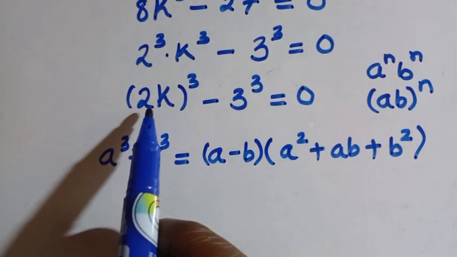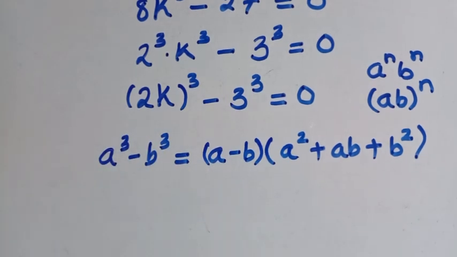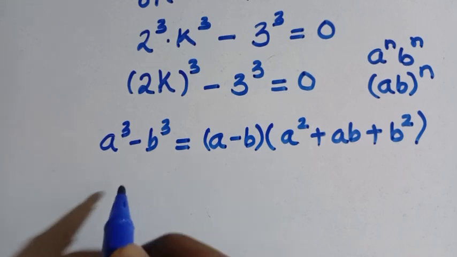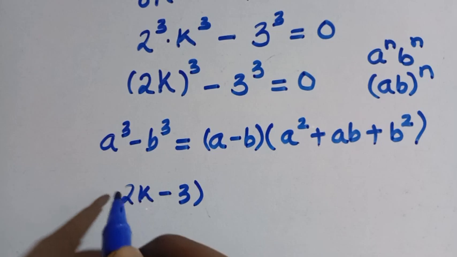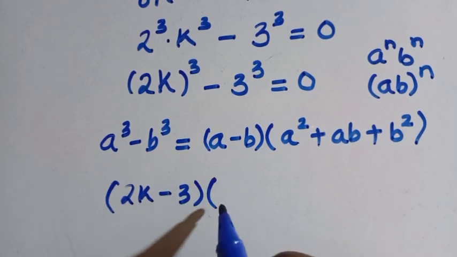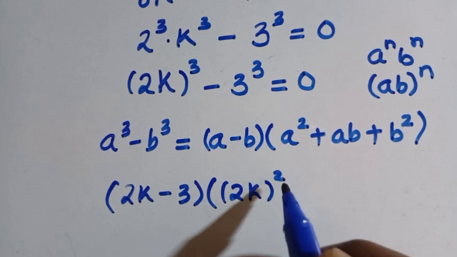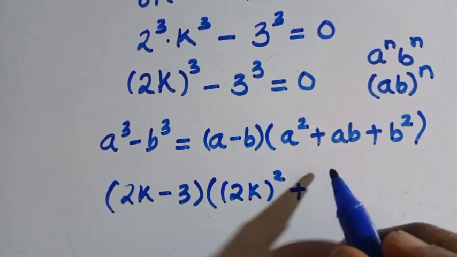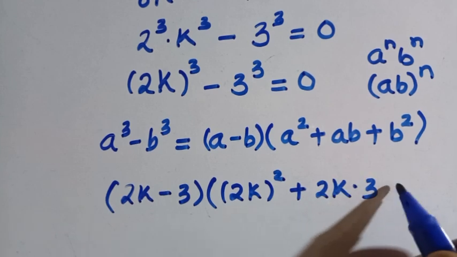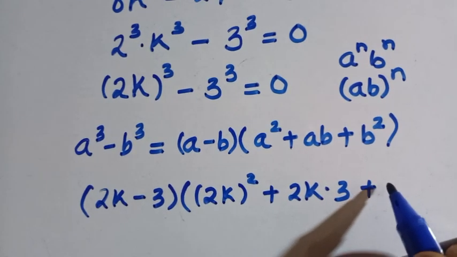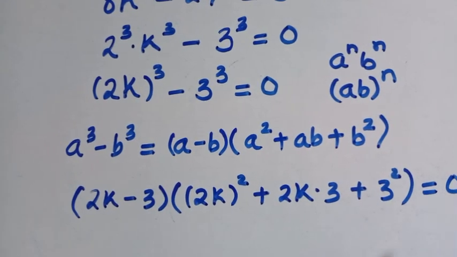If we let a be 2k and b be 3, we replace it in this so that we have (2k minus 3), in bracket, multiplied by (2k) raised to power 2 plus 2k multiplied by 3 plus 3 raised to power 2, and this equals 0.